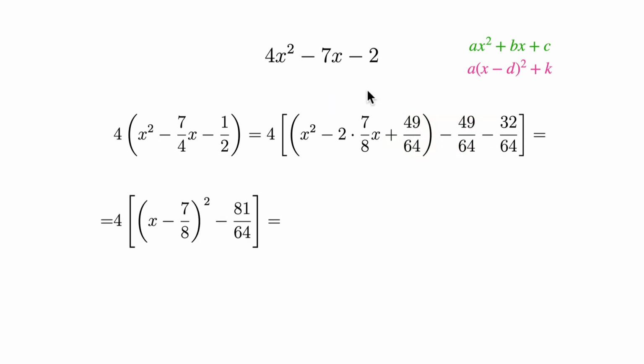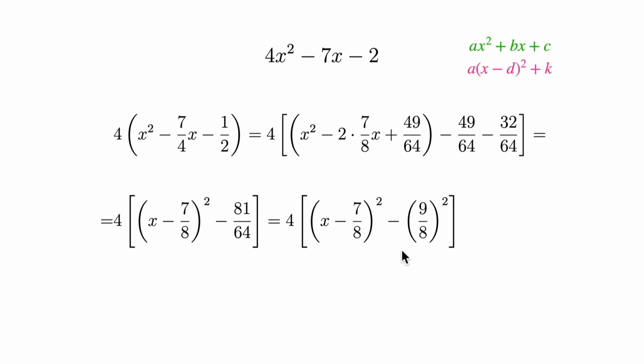Okay, so now here I'm done completing the square. It is equal to x minus 7/8 all squared, and behind this perfect square, I have to subtract the sum of these two fractions. They have already common denominator 64, so I just have to add the numerators, and it is 81, right? 81.